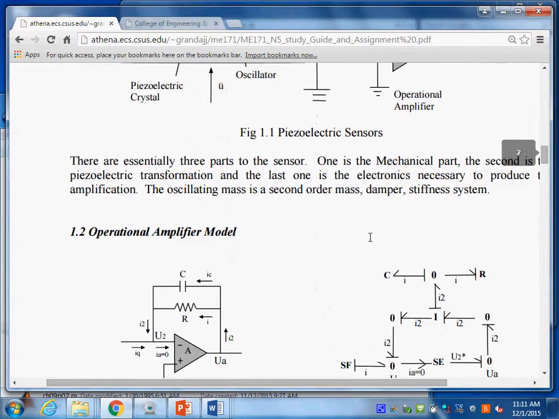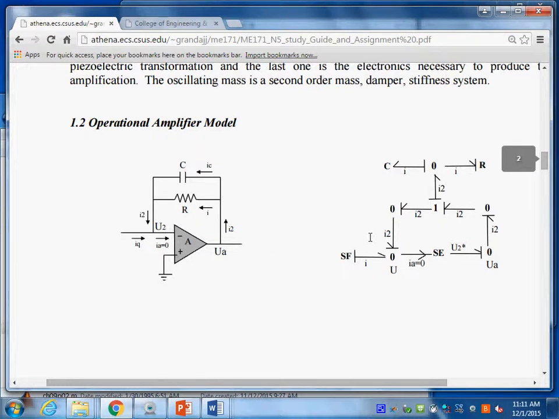So what we're going to do is build the circuit with the operational amplifier. This in here is this side of the device, and you can see we can build it using the currents here, or in your book there is also a method to put the zeros for the junctions.